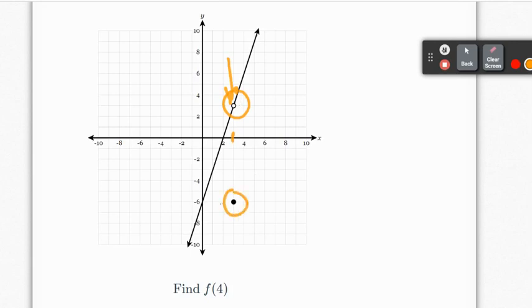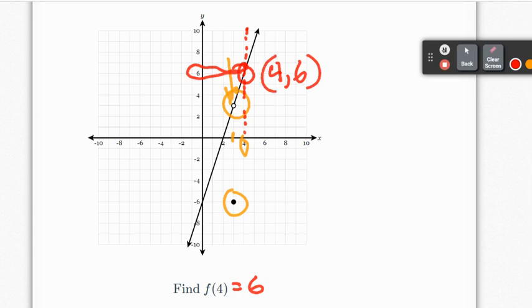Well, don't get hung up on the fact that the last one, it was the dot answer. In this case, we're supposed to go to 4. And in our mind's eye, kind of have a vertical line happening. And we go on this vertical line to see where does the graph touch my vertical line? Well, there it touches at 6. So my output f of 4 is 6 because the coordinate (4, 6) is on that graph right there.